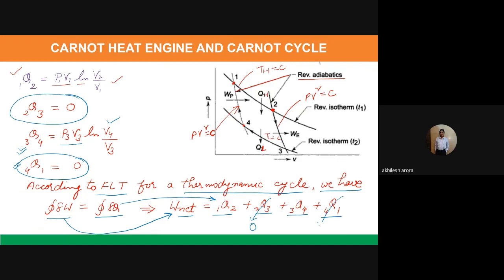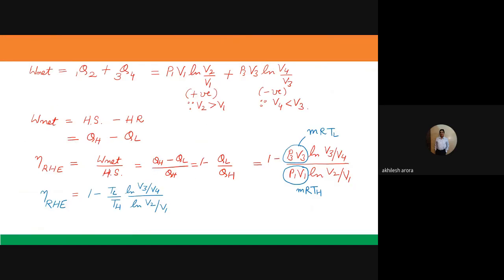Q4 to 1 is also equal to 0 because once again it's an adiabatic process. So we can say that W net is equal to Q1 to 2 plus Q3 to 4. Okay, because during 2 to 3 and 4 to 1 being the adiabatic processes, the value is 0 for the heat transfer. So now once again we have written P1 V1 log V2 by V1 plus P3 V3 log V4 by V3.